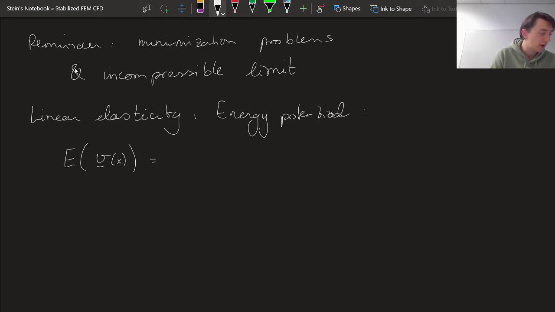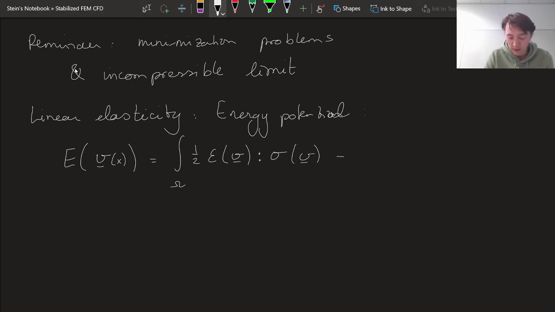The operation that we perform here is that we obtain the internal energy as half of the strain of that field v, double contracted with the stress of that field v.